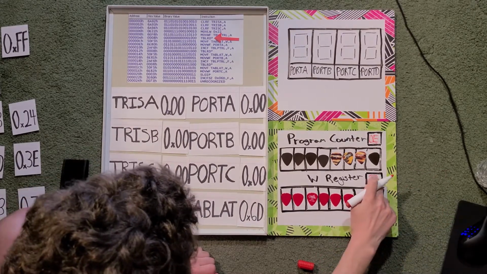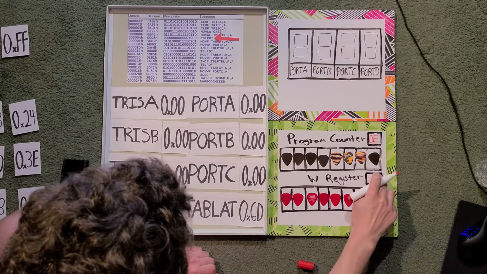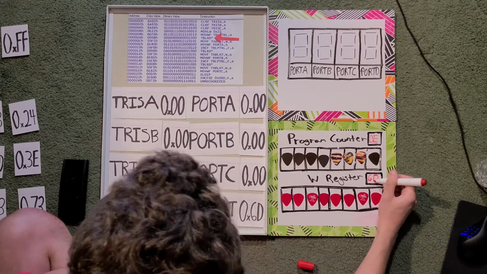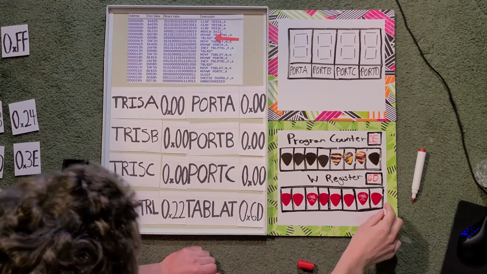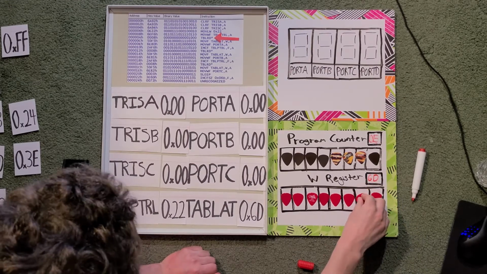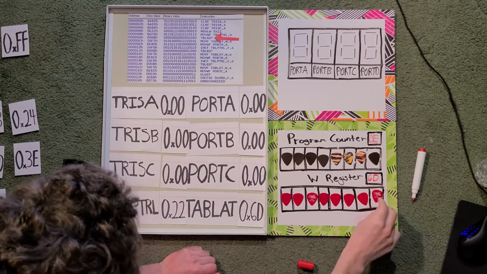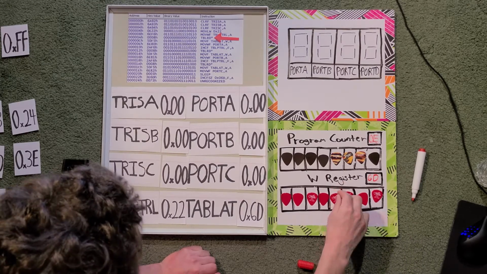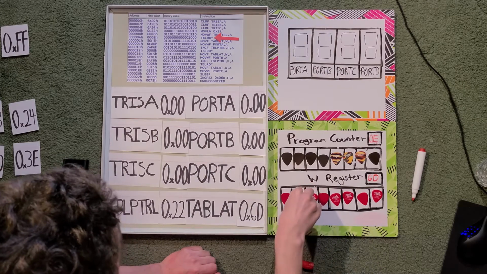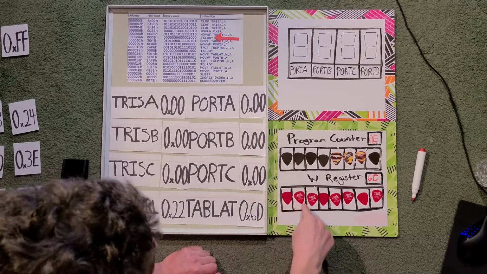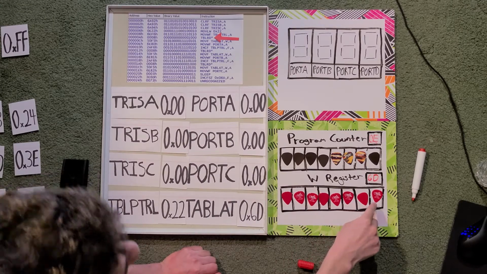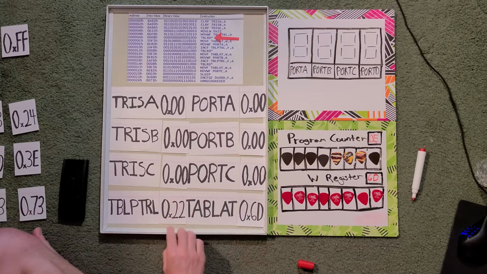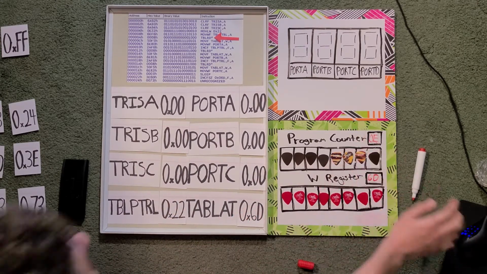So our W register goes from 22 to the value in TABLAT, which is 6D. And 6D represented in binary, it's going to be 1 here, 1 here, 1 here, 1 here, and a 1 here. And there you can see that this is going to be equal to 6D. Table pointer stays the same, TABLAT stays there. And now next step, we're going to move on.